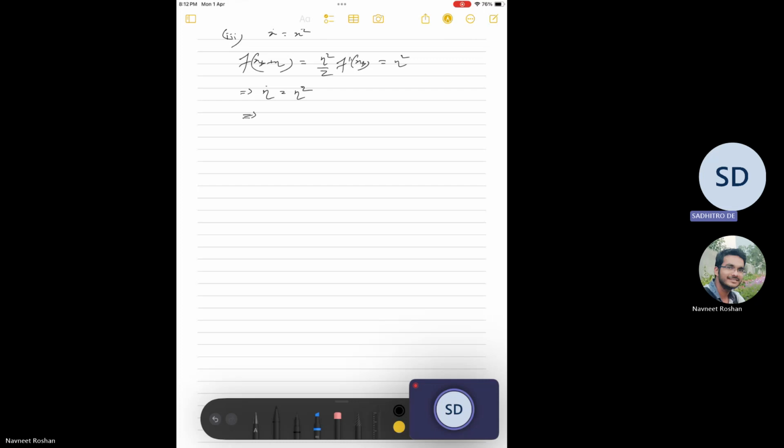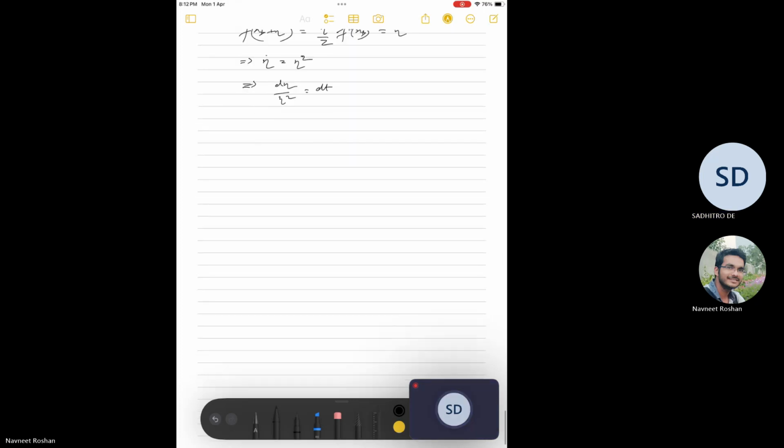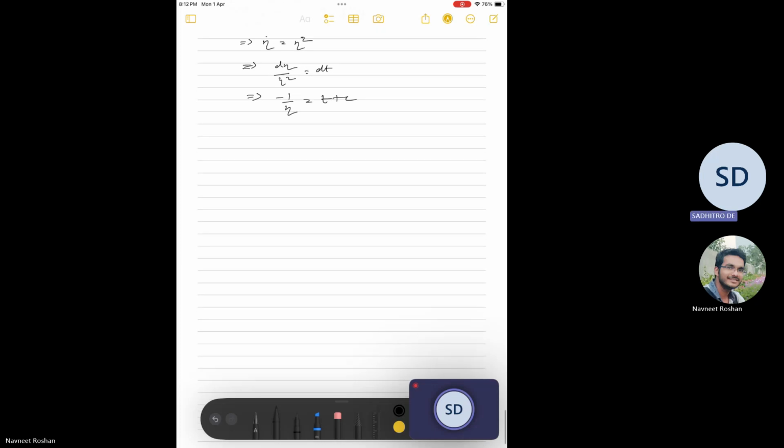So this means that d eta by eta square is equal to dt, or minus 1 by eta is equal to t plus c, or in other words, eta is equal to minus 1 by t plus c.